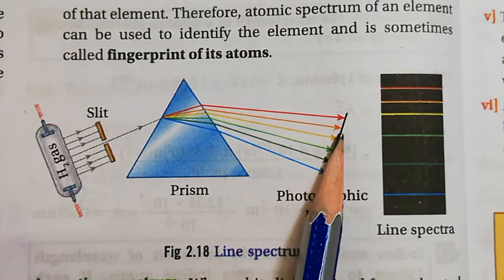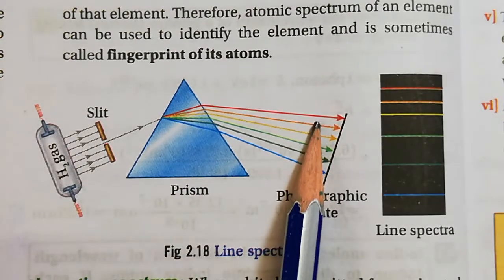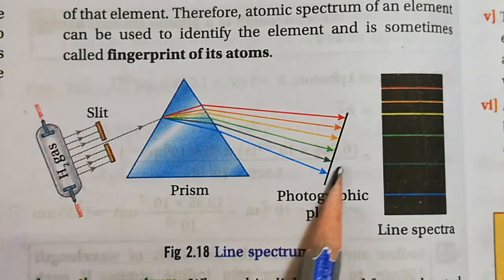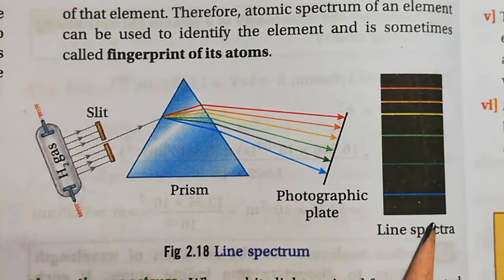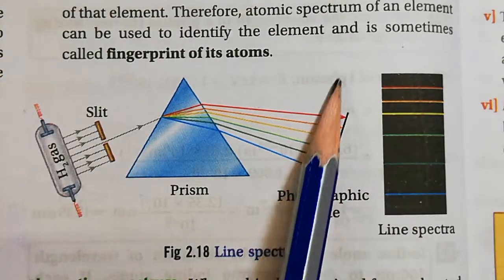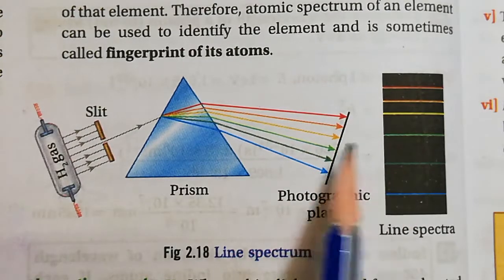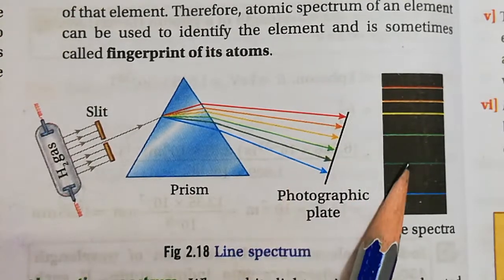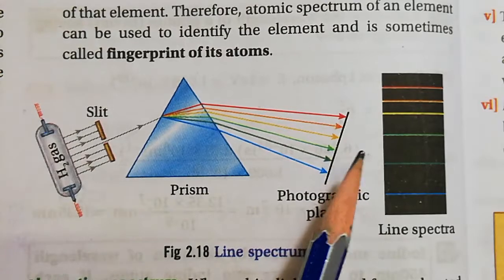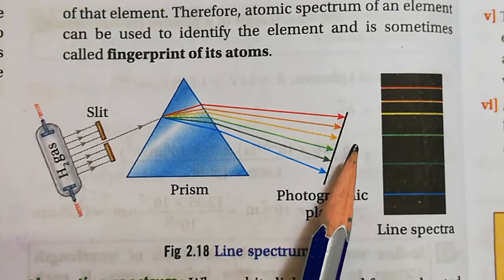But that spectrum is different from the solar spectrum, and here the colors are at different places. This spectrum is not a continuous one, and that is the line spectra, and that's how line spectra is obtained. And the line spectra tells a lot about the structure of the atom.